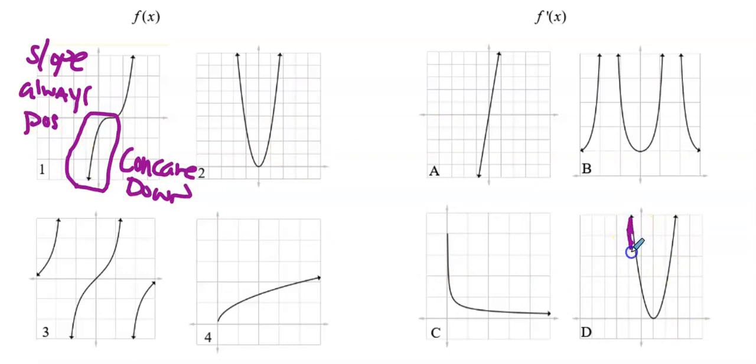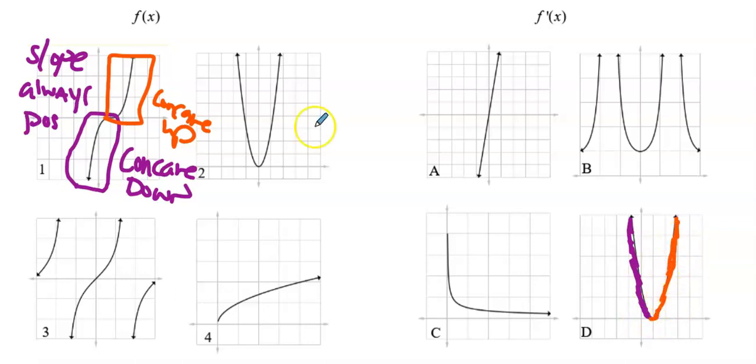This is where I'm starting to eye this problem. I can go back and say the same thing about this part, that it's going to be concave up, and so I know that my derivative graph will be positive here. Because remember, if the slope of my first derivative is positive, then my graph is going to be concave up.